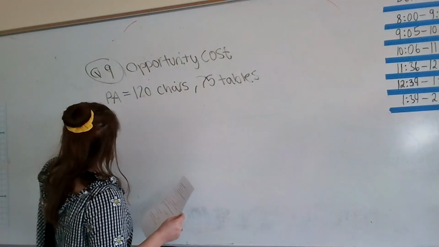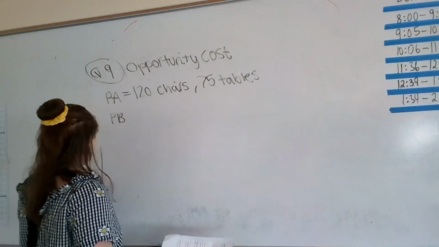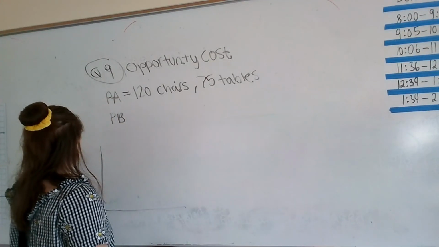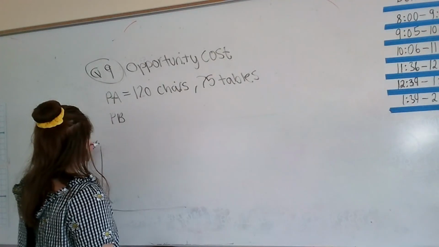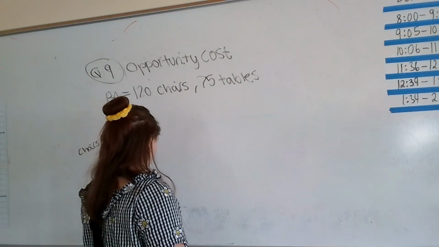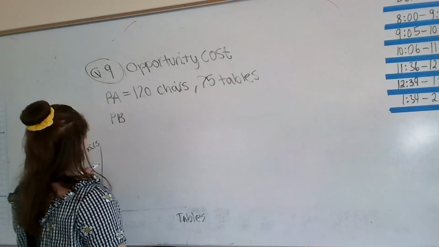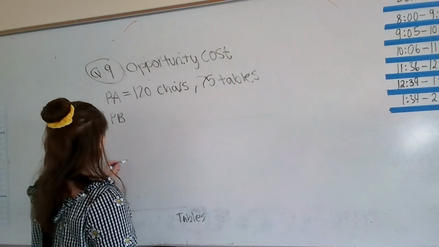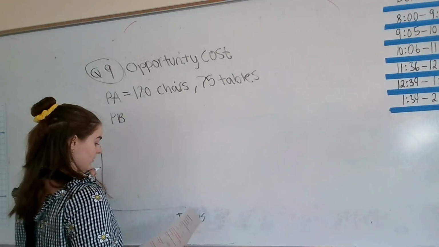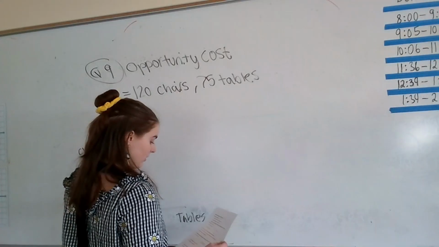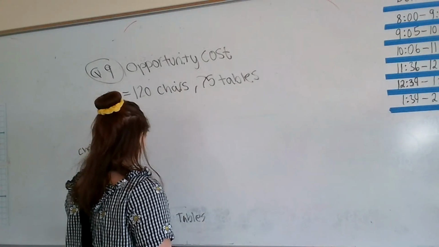At point B, so in this case, right, we want to draw this out. At point A, if we talk about this as chairs versus tables, at point A, we do 120 chairs, and we do 75 tables.